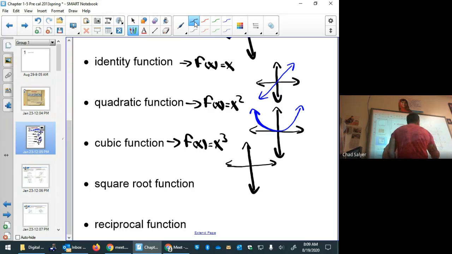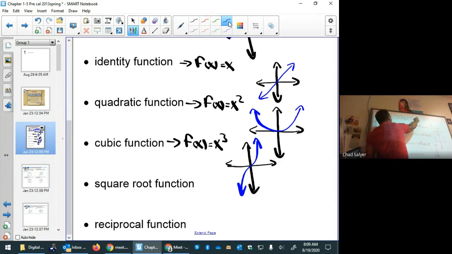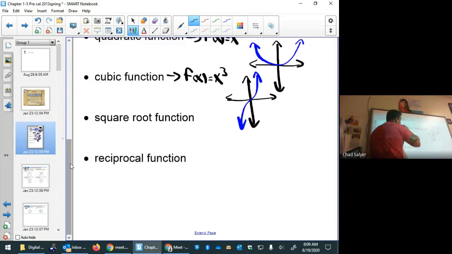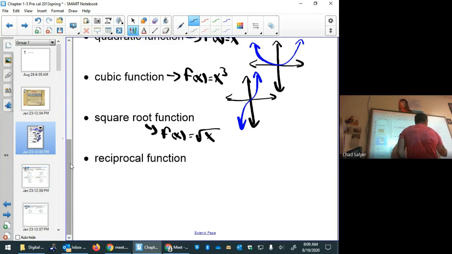And it's a little different. Looks like this. So the square root function is going to be f of x equals the square root of x. And its graph's going to look like this.